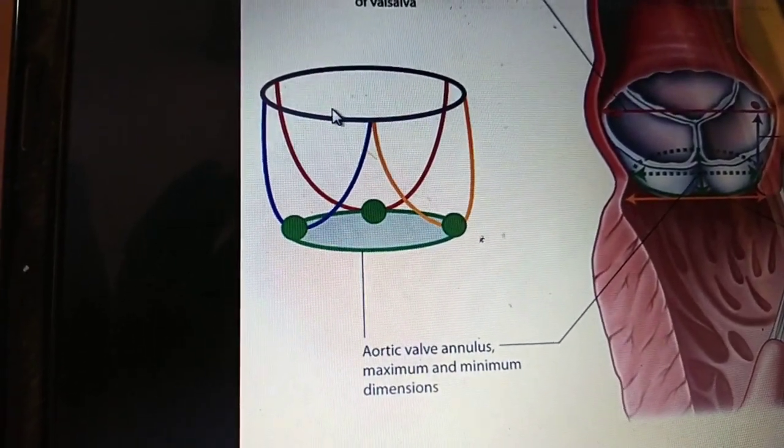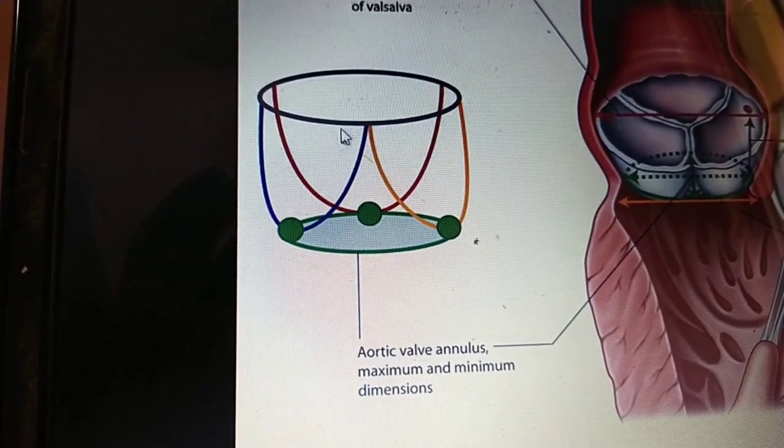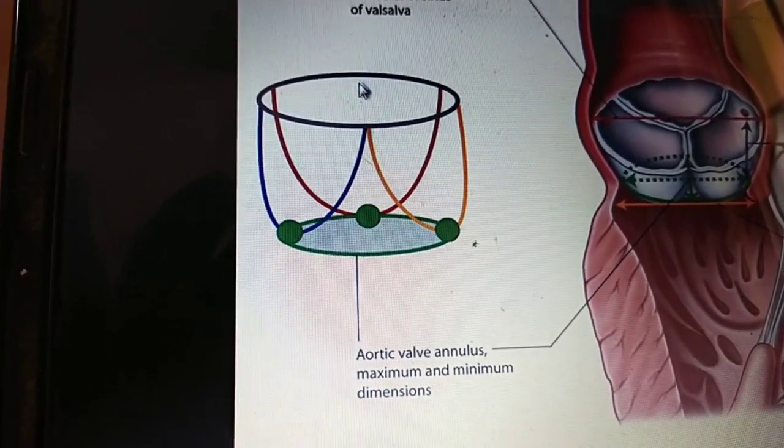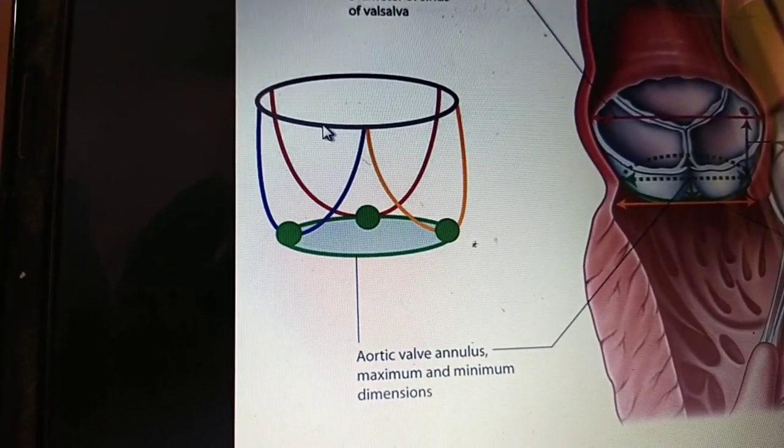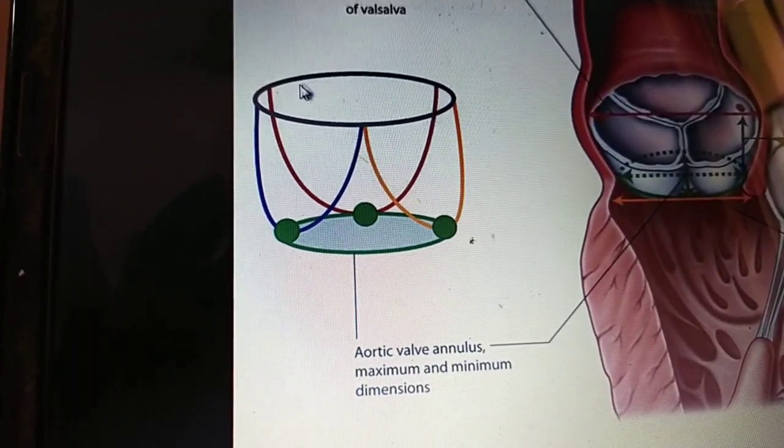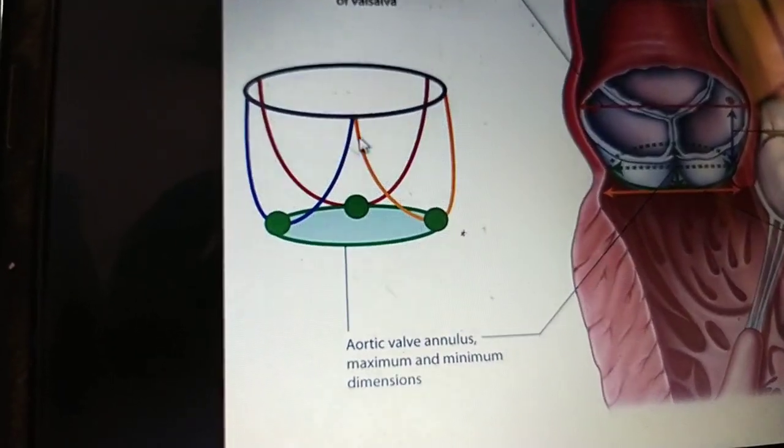The roof is formed by the junction between the sinuses and the corresponding artery, and that junction is called the sinotubular junction.